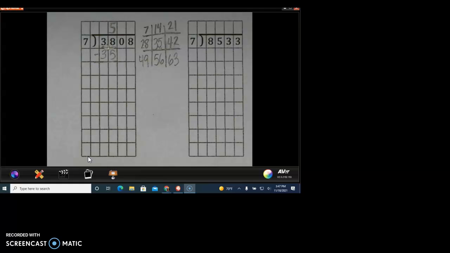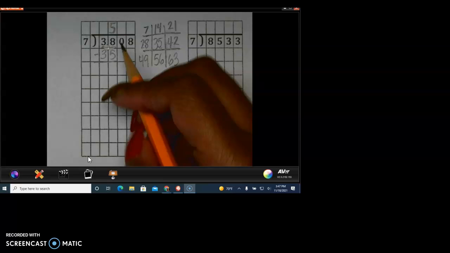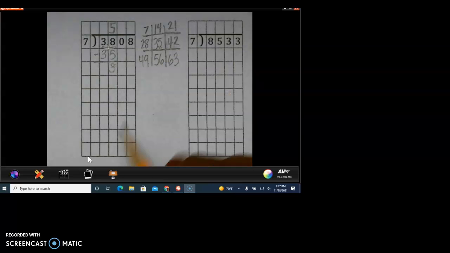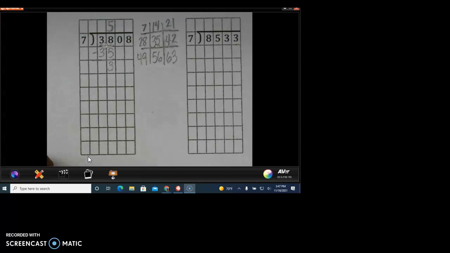After I divided and got 5, I multiplied, and 5 times 7 is 35. My next step after multiplication is subtraction. If I have 38 and I take away 35, I'm left with 3. Sorry if that's a little dull and not very clear on the screen.